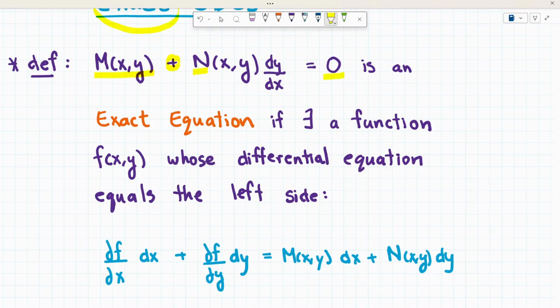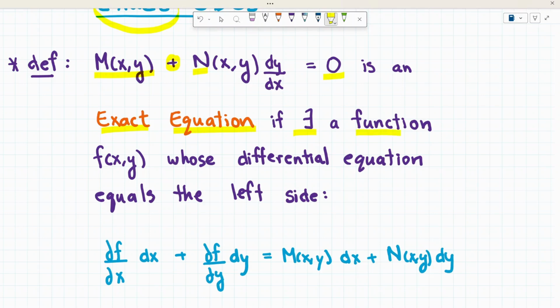And importantly, it equals 0. So that's very important. So we're saying that this equation, M plus N times the derivative of y with respect to x, is what we call an exact equation if there exists, so this backwards E means exists, so you can learn some new mathematical notation today.